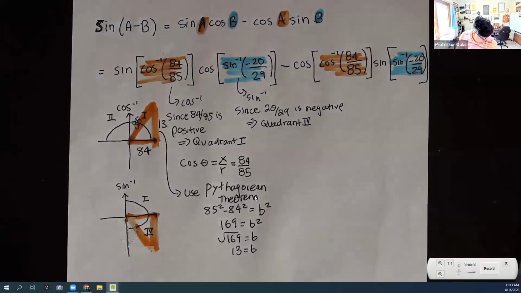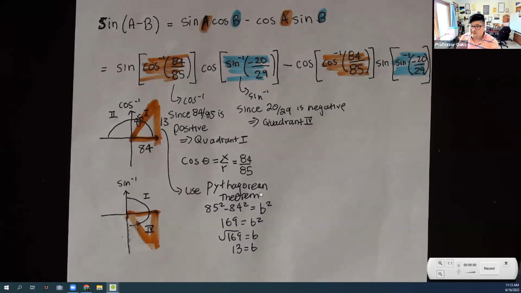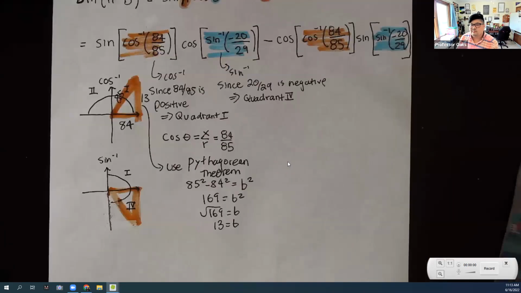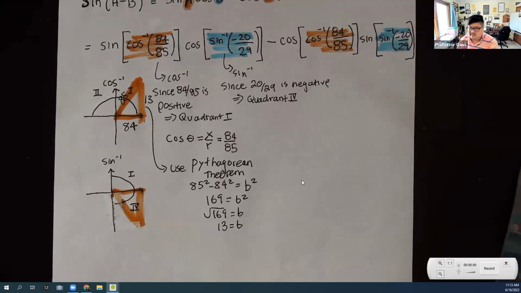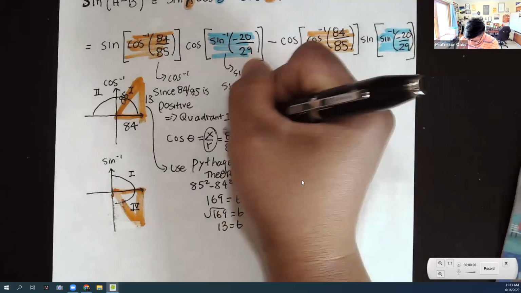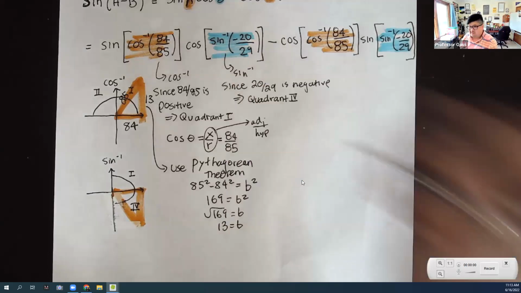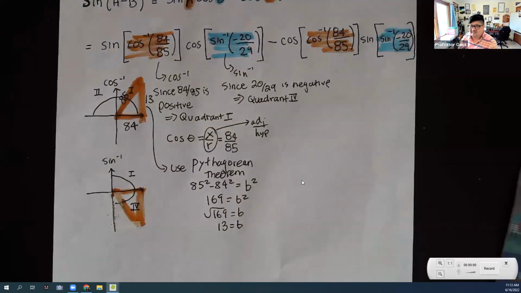So then once you do that, and by the way, if you want to say, instead of x over r, adjacent over hypotenuse, like before, I'm not gonna stop you. I just want to remind you, you could say x over r here instead. It's not really a big deal if you say x over r or adjacent over hypotenuse. It really doesn't matter here. But then from there, you can find the sine.